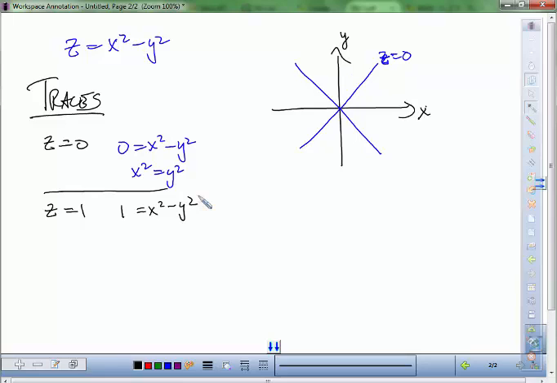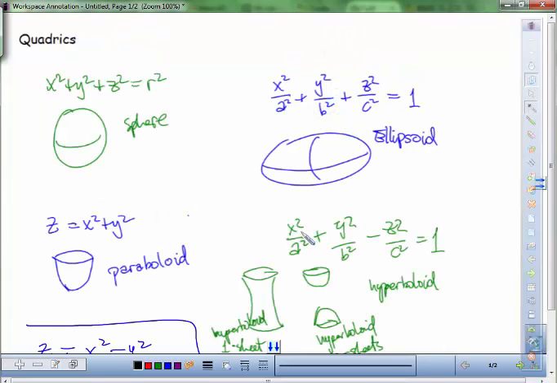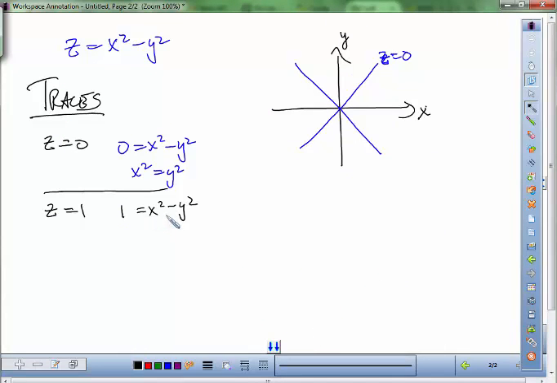So one way for me to think about this is that if I set x equal to 0, that's the y-axis, right? If I set x equal to 0, I'm going to get 1 is equal to negative y squared. Am I going to have a solution for that? I'm not going to have a solution for that. So this is not going to pass through the y-axis. If I let y equal 0, that would be the x-axis, right?